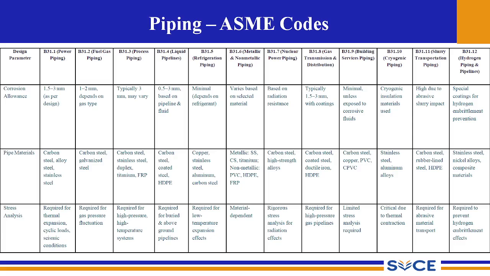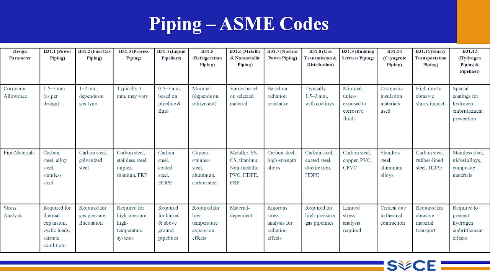Then refrigeration piping systems, the corrosion allowance is very minimal and it depends upon the refrigerant. The pipe materials normally used are copper, stainless steel, aluminum and carbon steel. The stress analysis is required for low temperature expansion effects.